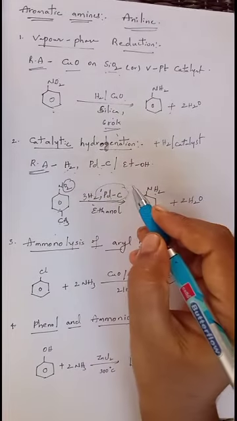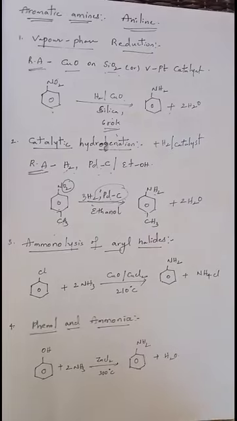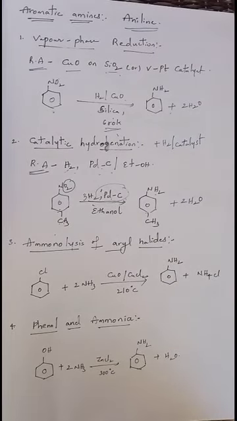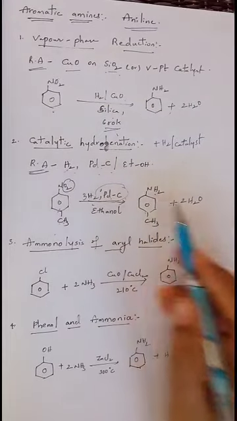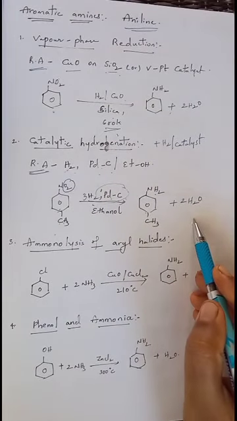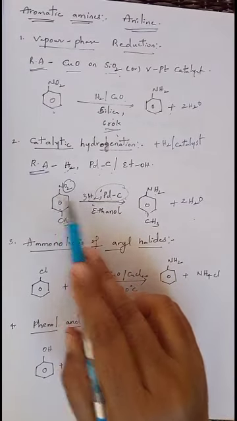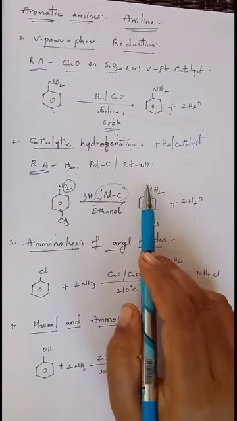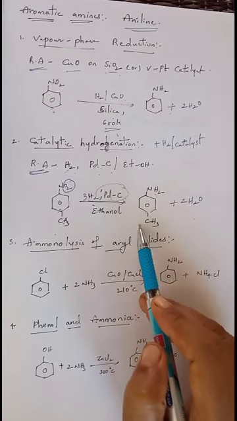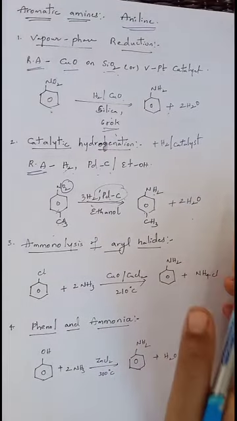For this total conversion, 3 moles of H2 molecules are required. Two moles react with oxygen and release H2O, and the remaining 1 mole of H2 is added to nitrogen, converting it into aniline. This is called 4-methyl aniline or paramethyl aniline. That is the second preparation method.